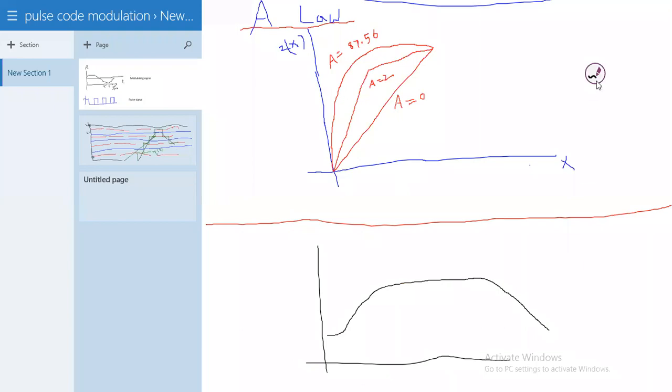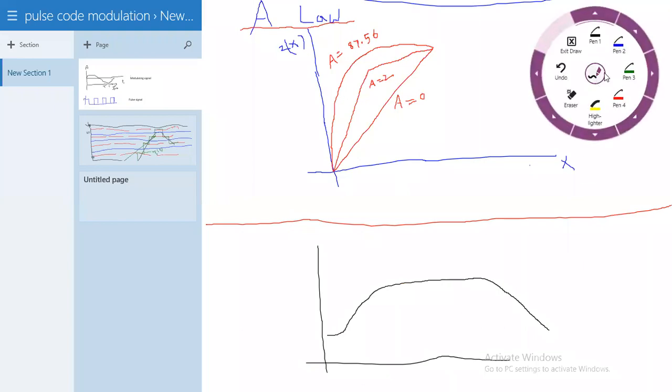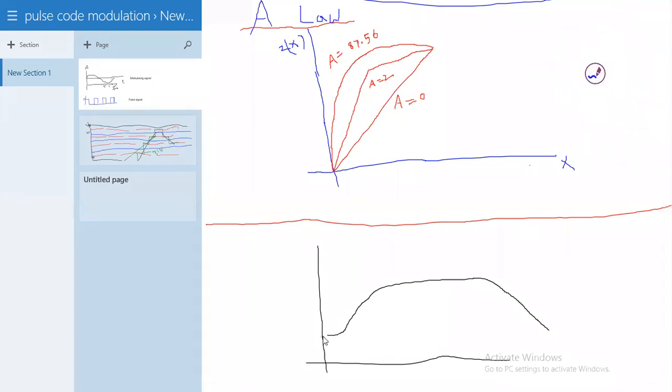Then here we can sample and quantize. Here we can represent the sample values like this. Let us assume there is a sample here, a sample here, a sample here, and a sample here. We maintain Ts. Sample and sample value like this. This is how we get the sample values. You are all familiar with this one.